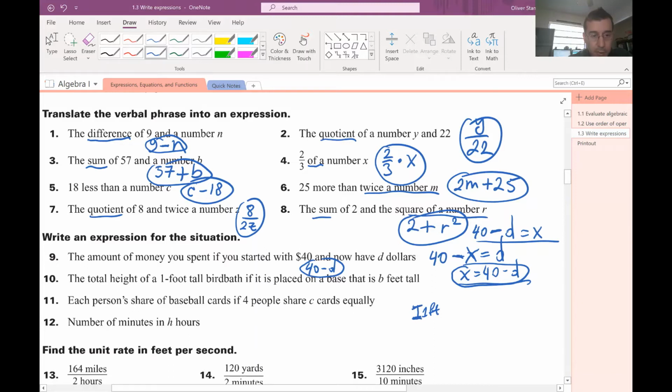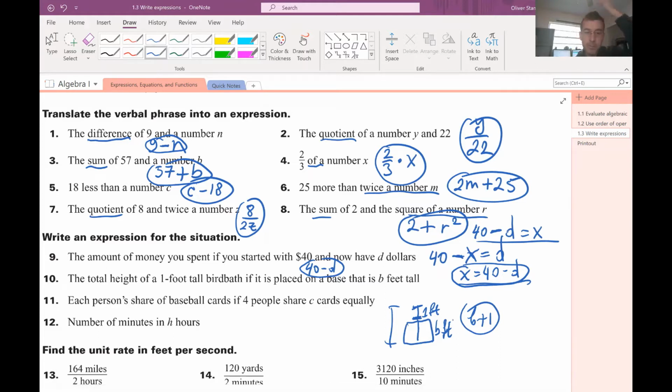Write an expression for the total height of a 1 foot tall bird bath if it is placed on a base that's b feet tall. So what's the total height? It is b plus 1.